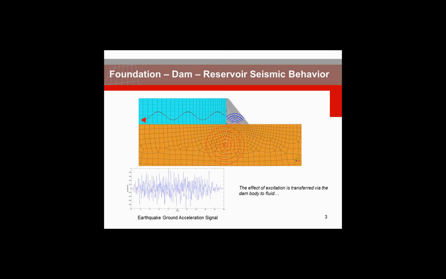The structure starts to vibrate, and this vibration generates waves again in the water, and the water reflects these waves back to the face of the dam. So we have a complex interaction between the 3 components, and we are going to try to explain a way to model this kind of system.